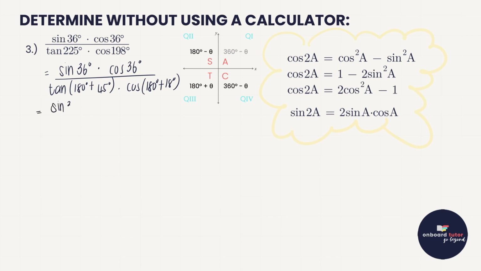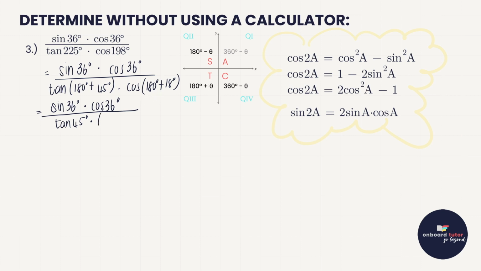So sine 36, we're not ready to do anything with it yet. Cos 36, not ready to do anything with it yet. Over tan in quadrant 3, the 180 plus. Tan is positive there. So that becomes tan of 45 multiplied by cos in the 180 plus quadrant. Cos is negative there.